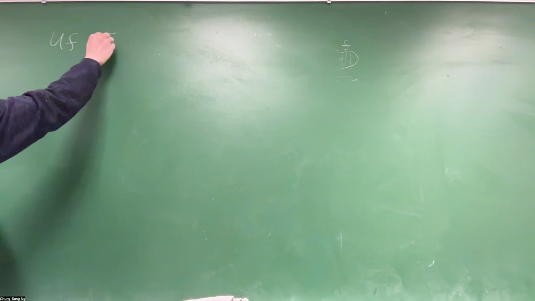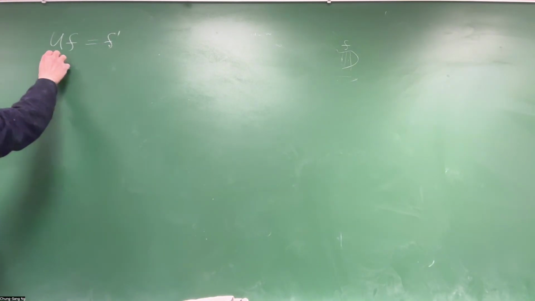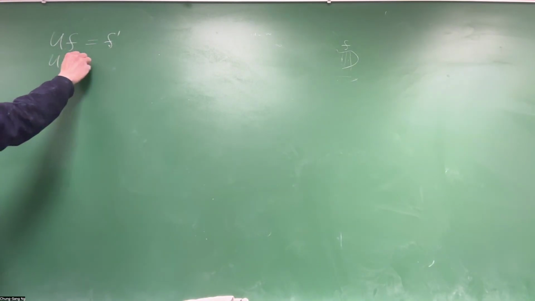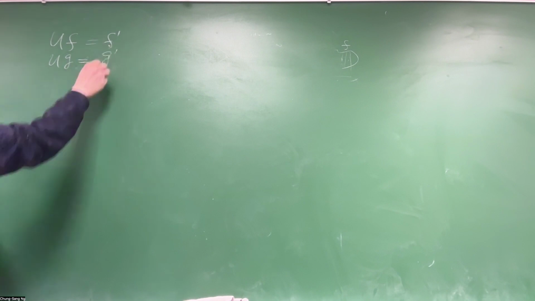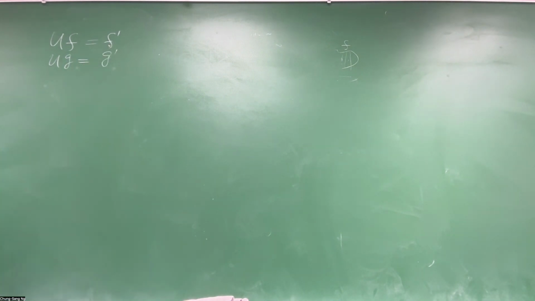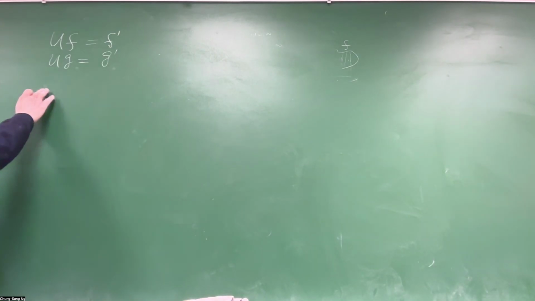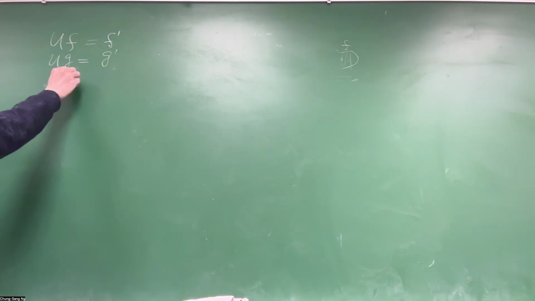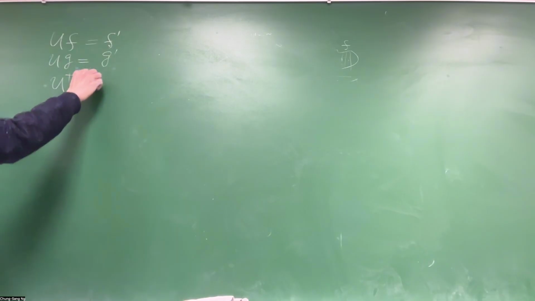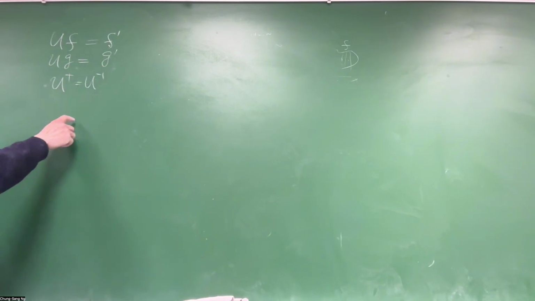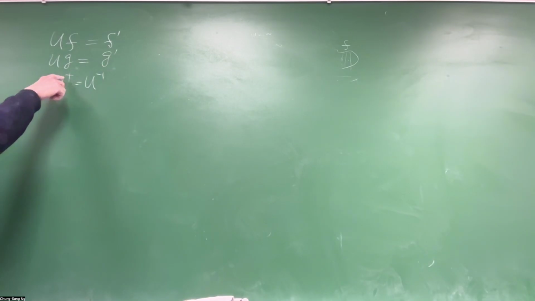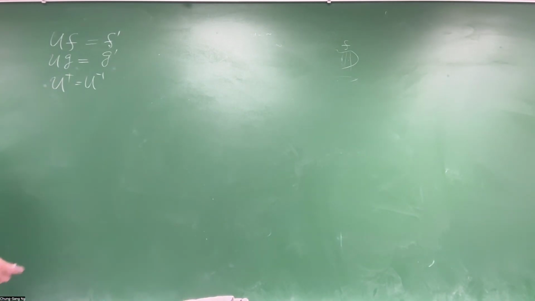Another vector g, and U of g is g prime. That's just an operator. But if U is unitary, it means that U dagger is equal to U inverse. The inverse operator and the adjoint operator are the same.